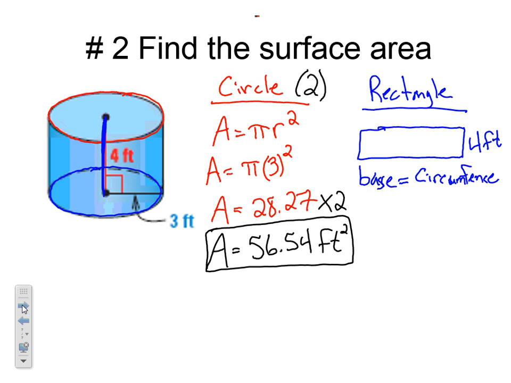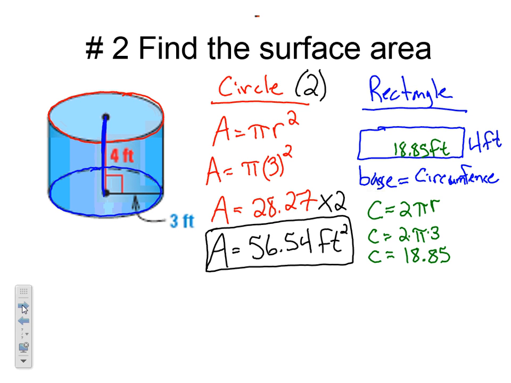So in order to find my base, I have to find my circumference. To find circumference, circumference equals 2 pi r. So my circumference equals 2 pi times 3. And that equals 18.85. So my base is 18.85 feet.